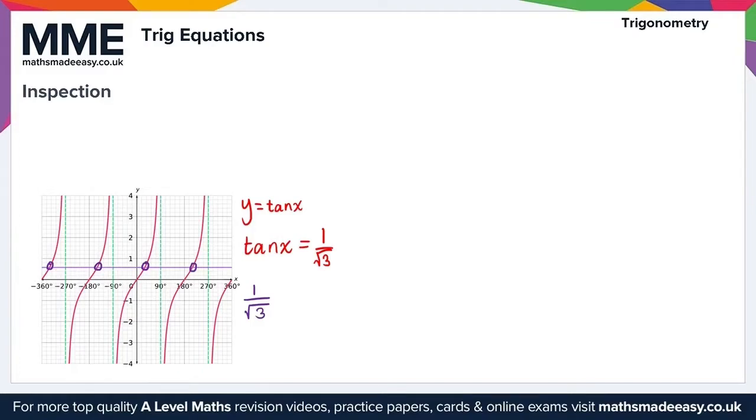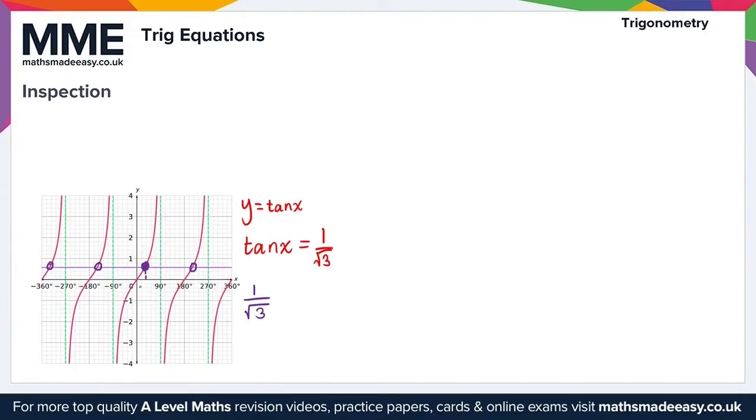So, how can we use this idea of where tan x intersects with 1 over the square root of 3, if we want to solve tan x equals 1 over the square root of 3? Well, we can simply identify this first solution here as being 30 degrees.